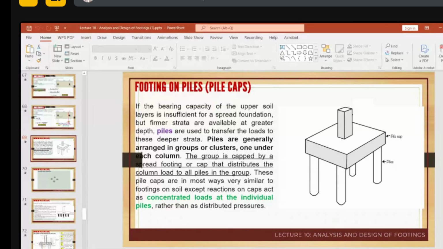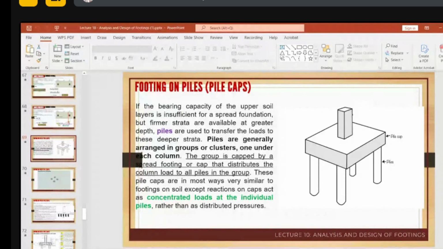However, if the soil bearing capacity is low and you must go deeper to find higher bearing capacity, deeper strata, we use these piles. Piles are generally arranged in groups or clusters, one group under each column.